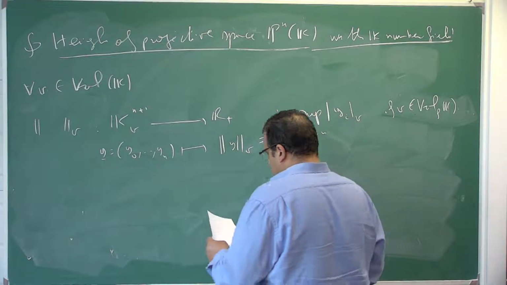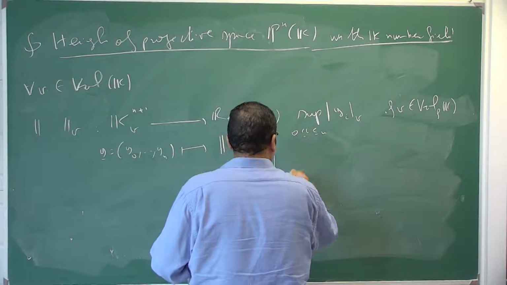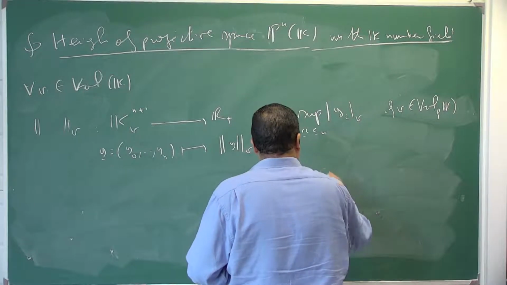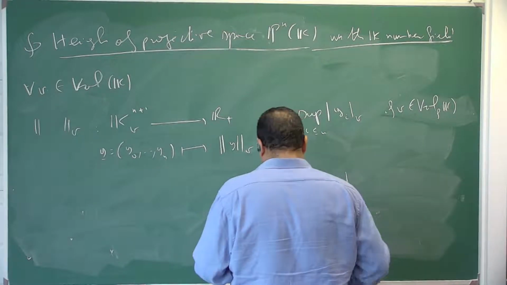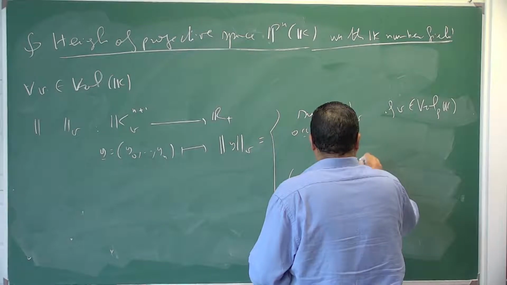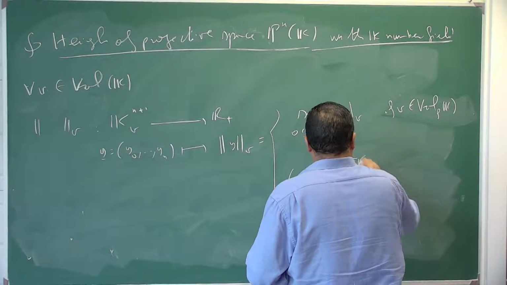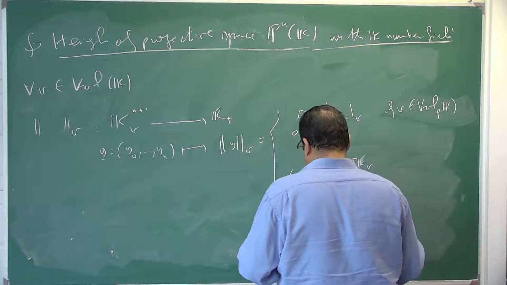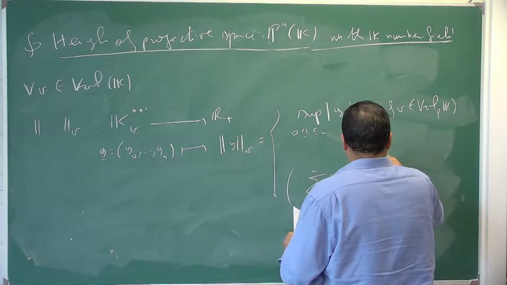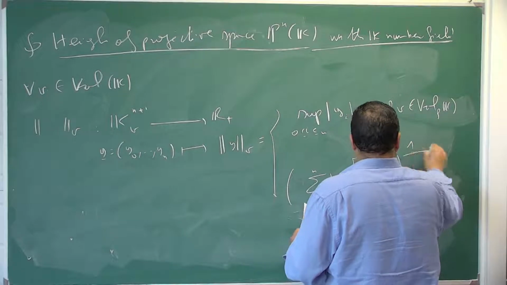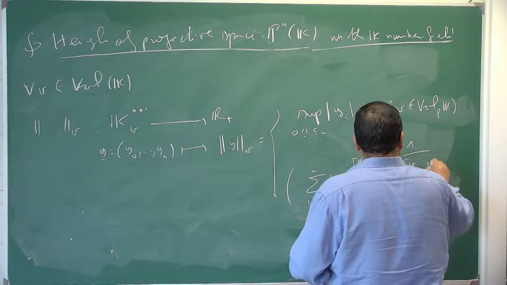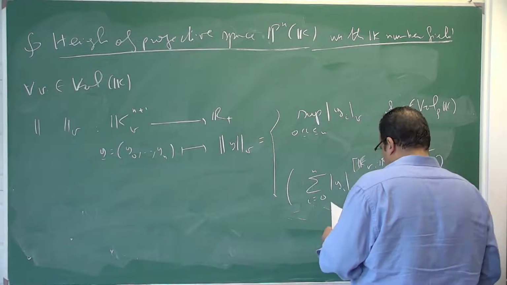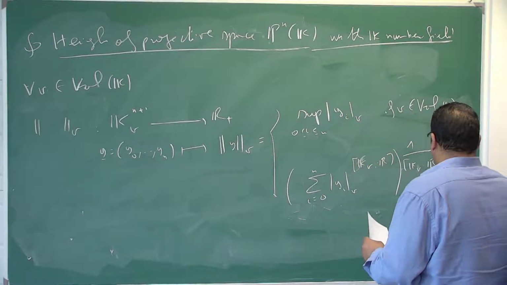Otherwise we define the norm by the sum from 0 to n of |y_i|_v to the r, to the power 1 over r, if v is Archimedean.